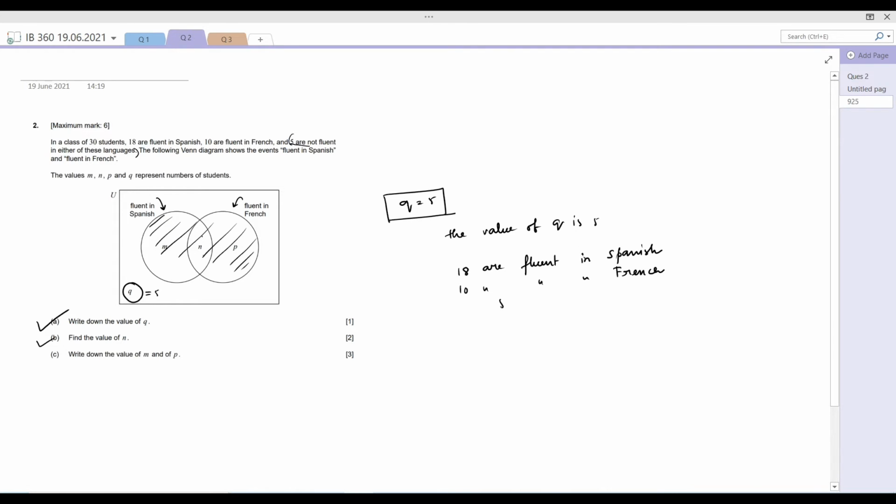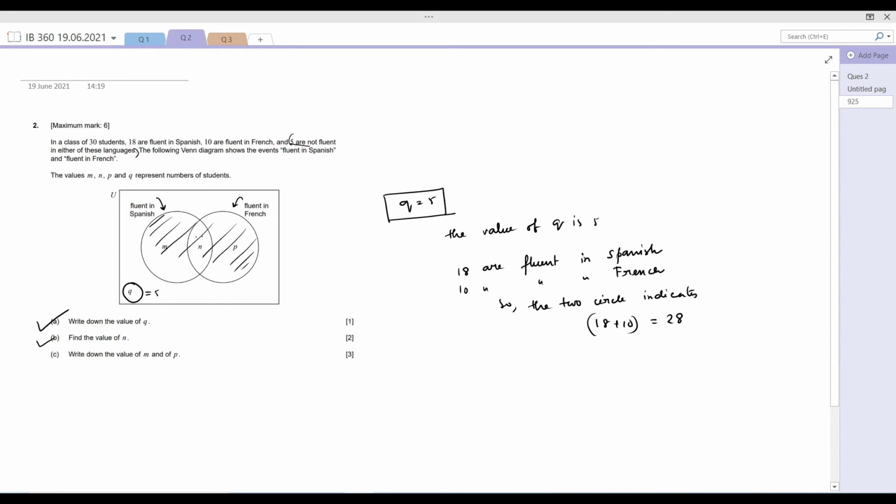So the two circles indicate 18 plus 10 equals 28. The two circles indicate 28.